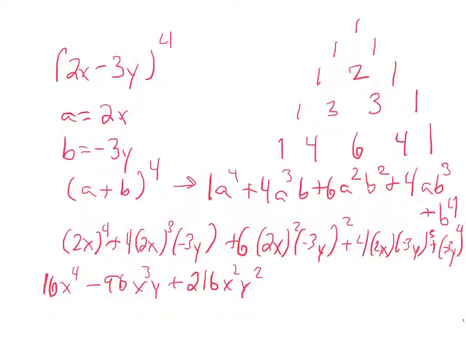Then over here, again, we know 4 times 2 is 8, times 3 cubed, which is negative 27. So 27 times 8 is 216, so it's negative 216 x y cubed. And finally the last one, negative 3 to the 4th, which is plus 81y to the 4th.